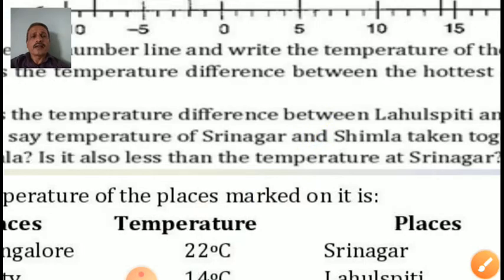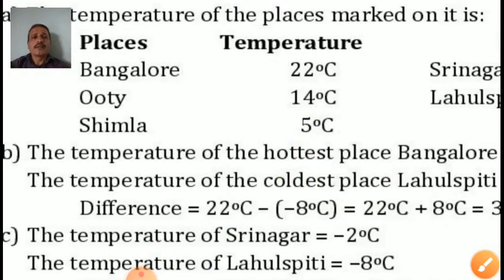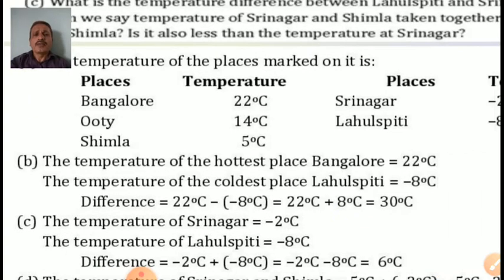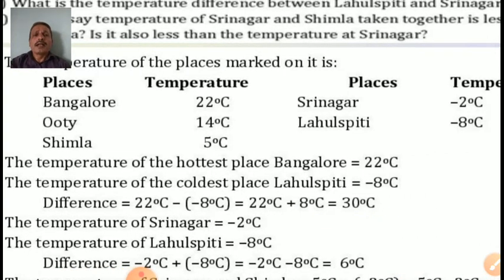Now look at the second, B. What they ask us in B is the temperature of the hottest place. So you can compare which temperature is more. The hottest place is Bangalore. And how much is it? Yes, 22 degrees centigrade.